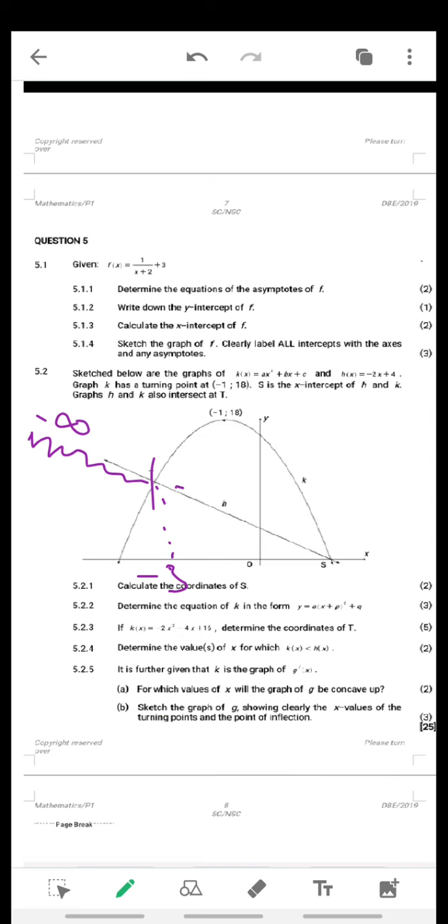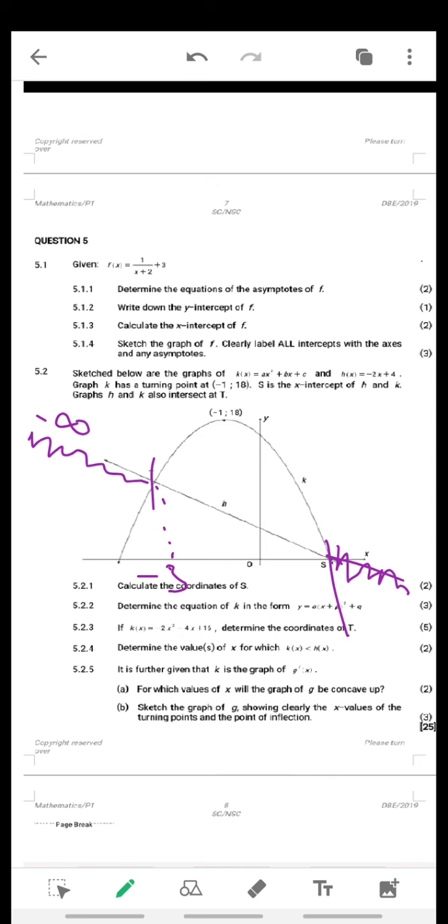Then here we don't have anything because the graph that is at the top is k being on top of h, and that is not what the question is asking us. But also we notice that if we continue with our parabola here and the straight line there, the straight line will also be on top of the parabola.